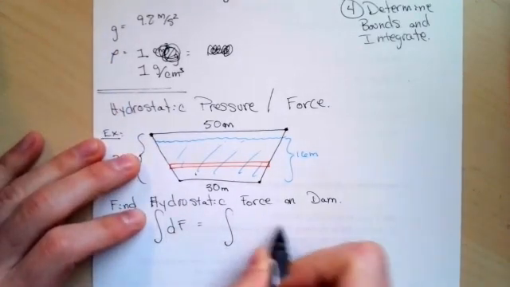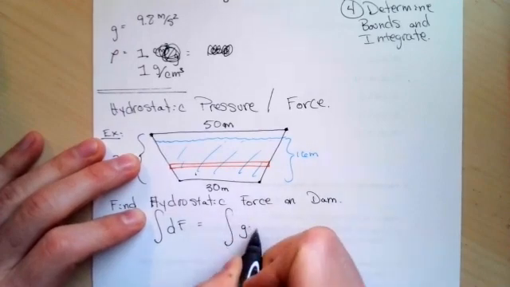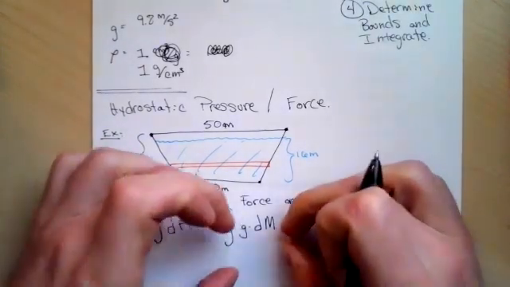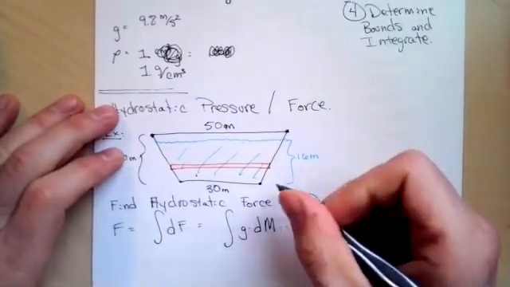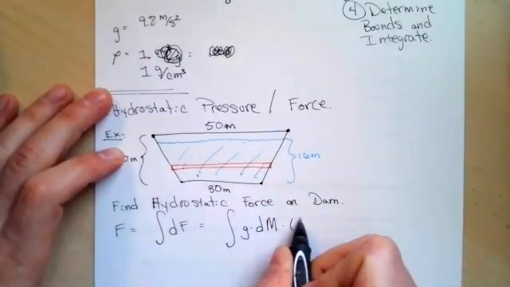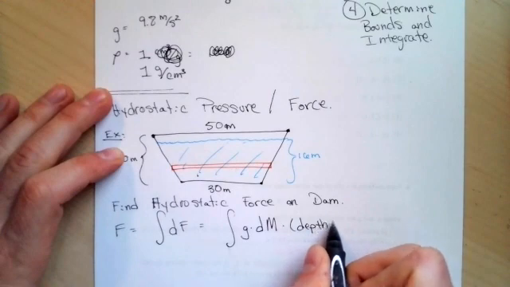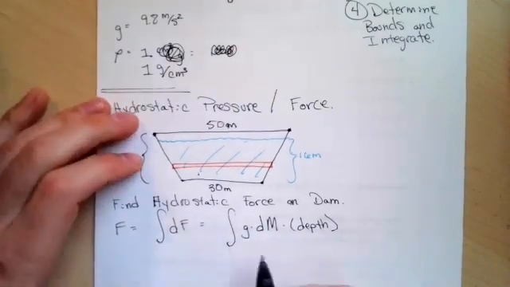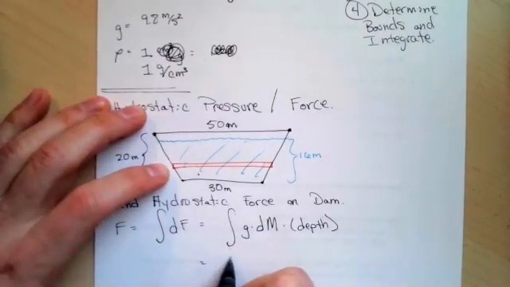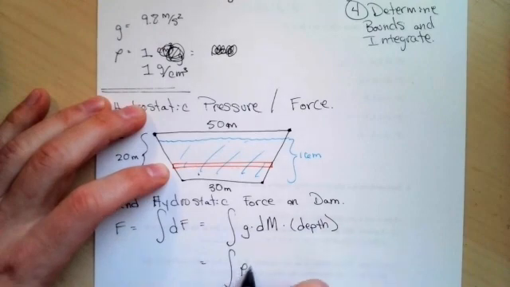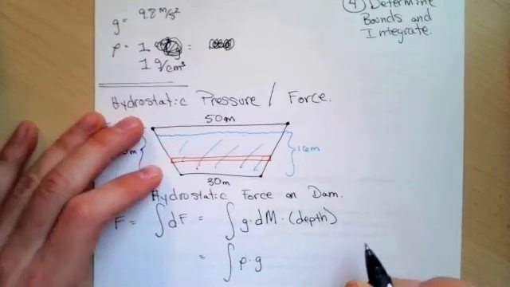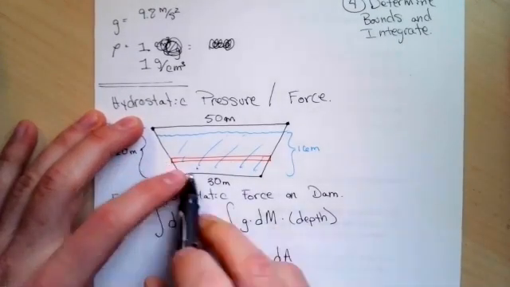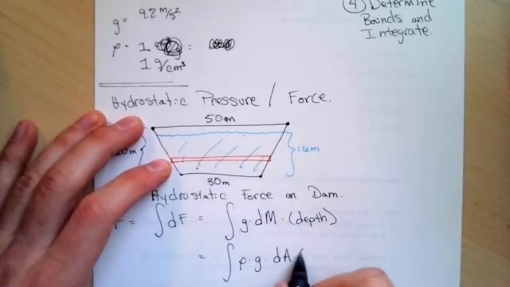So it's going to give us the gravity times the amount of mass times, if we wanted the volume, times the depth. Which is going to be the density times gravity times the area of each slice, and again times the depth.